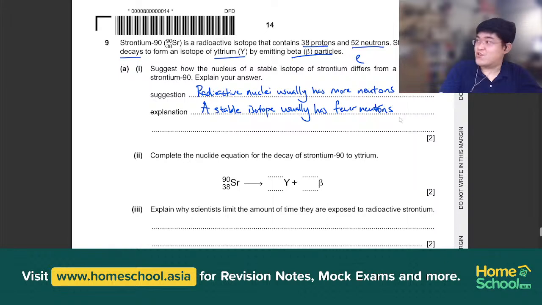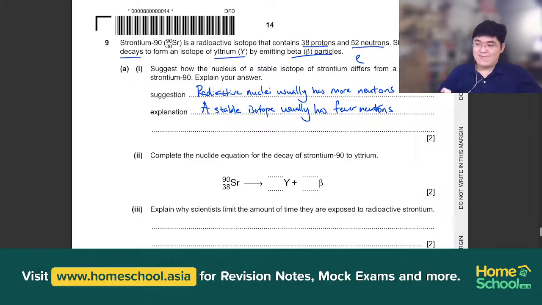Pretty much just need to take note, for most stable atomic nuclei of around 30 to 40 protons or so, the number of neutrons should be very similar to the number of protons, so it's usually much lower.